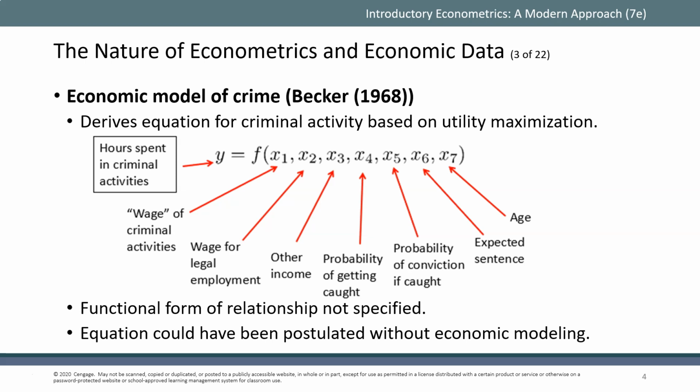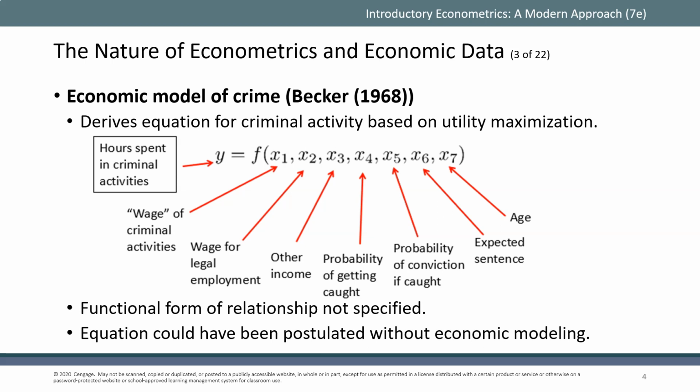The econometrics models are either based on an economic theory, and this is the first model that I'm going to talk about: the economic model of crime. This model was built using a utility maximization framework and different mathematical derivations, and using those derivations and the behavior of criminals based on the costs that may be incurred if a criminal is caught in a criminal activity, and the benefits of engaging in a criminal activity.